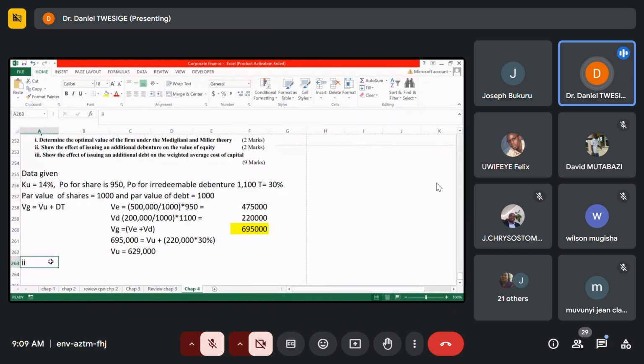The optimal value as per Modigliani and Miller with tax is VU plus the debt tax shield. If you are going into the traditional, that's where you look at where you minimize the cost, you minimize the WACC.